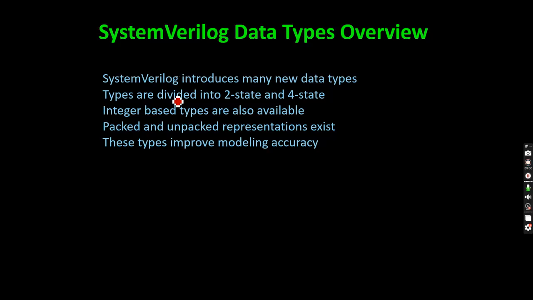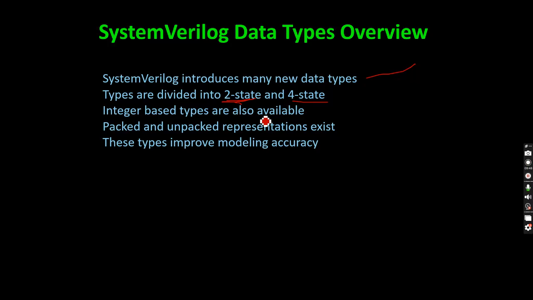Coming to the data types, SystemVerilog has many new data types, like two-state and four-state data types. In Verilog, most of you know only four-state data types, but in SystemVerilog, two-state data types are introduced to save memory. Simulation time is also reduced.